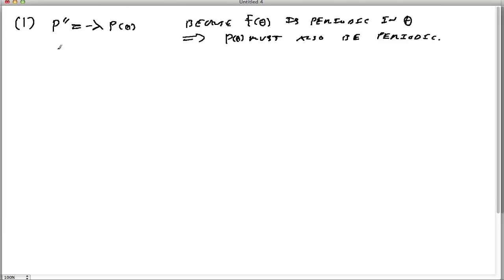Okay, so we know then that P of theta has to be some C1 cosine root lambda theta plus C2 sine root lambda theta. And we know then that it has to be periodic, and not just any periodic, but 2 pi periodic.